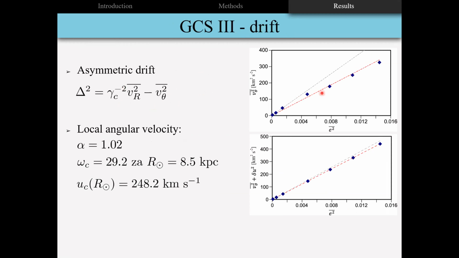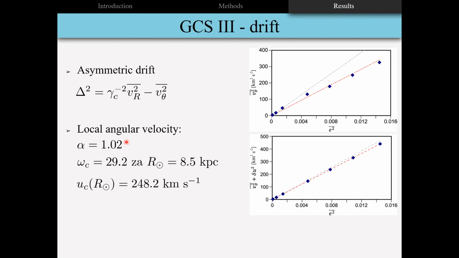I mentioned asymmetric drift, and our model was also possible to correct for asymmetric drift. And if you do that, then it's possible to calculate a few more parameters that were necessary. For example, the rotation speed at the place of the sun, we got 148.2, which is maybe a little bit bigger than what you can find, but in the literature you can find everything between 210 and 270 or something like that.